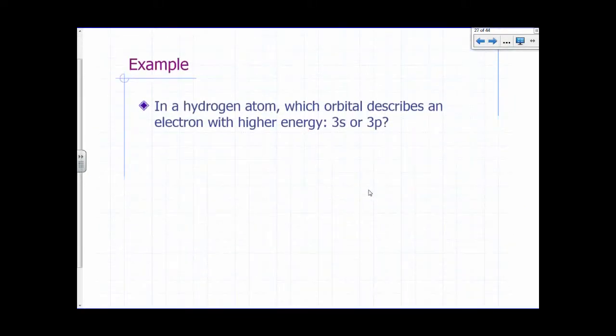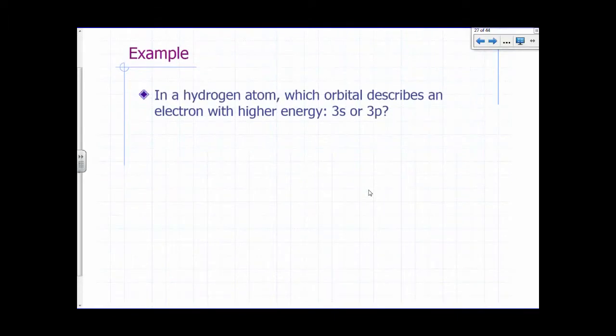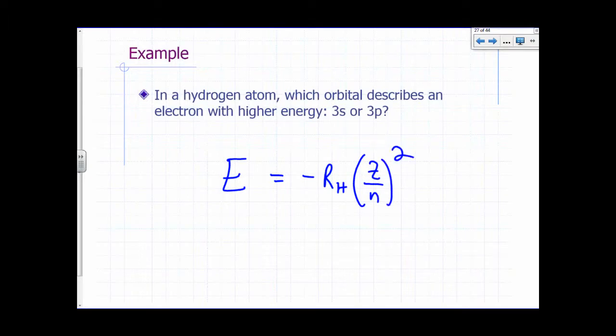So, just an example. In a hydrogen atom, which orbital describes an electron with higher energy, 3s or 3p? Well, what's the energy of an electron? It's just negative R sub H times Z over n squared. So for a hydrogen atom, you're comparing the same thing, Z equals 1 proton in the nucleus.